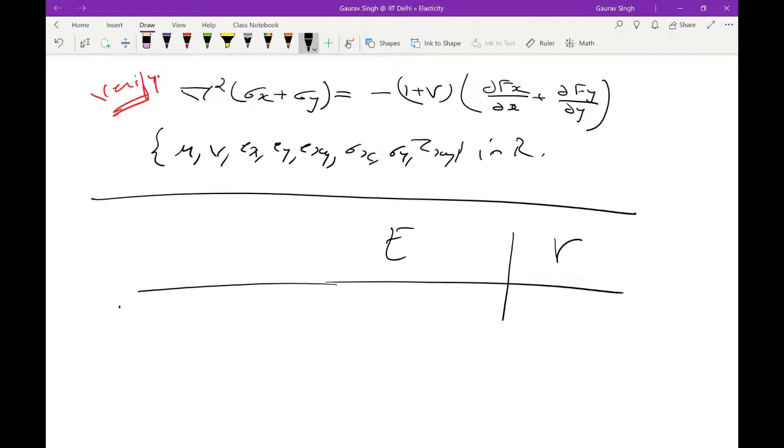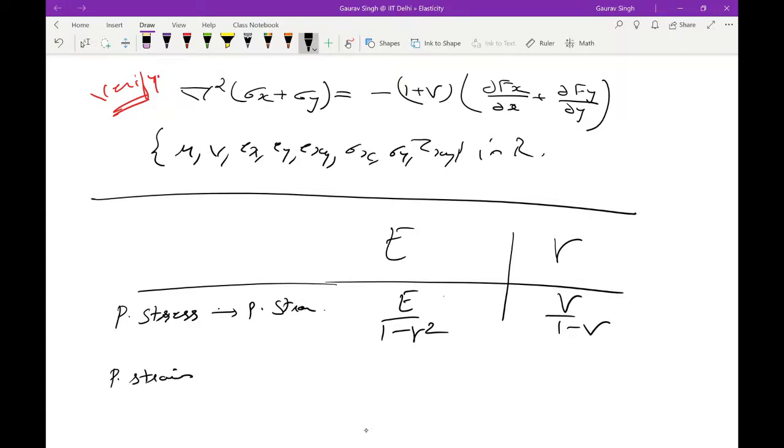So if you want to convert plane stress to plane strain, just replace E by E into 1 minus ν square, and ν by ν upon 1 minus ν. Or plane strain to plane stress, you can write E by 1 plus 2ν over 1 plus ν whole square, and ν by 1 plus ν.